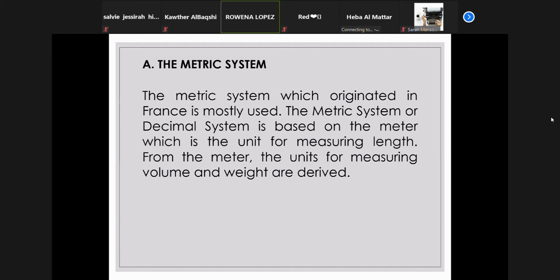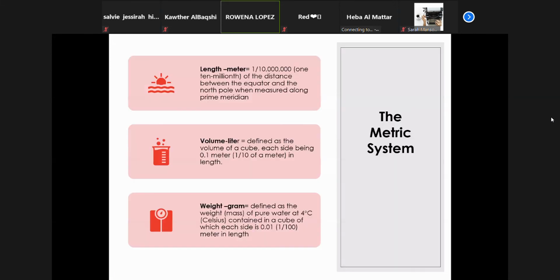So we'll talk about the metric system. It originated in France, and the metric system or decimal system is based on the meter, which is the unit for measuring length. And from the meter, the units, for example, for measuring volume and weight are derived.